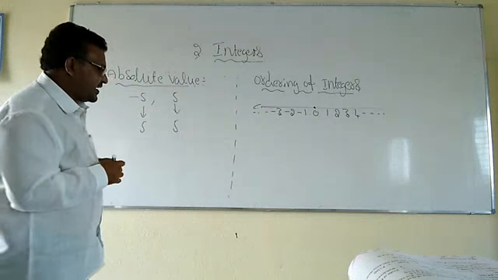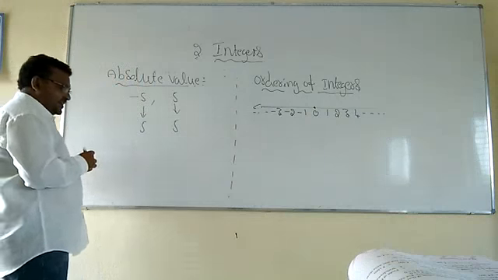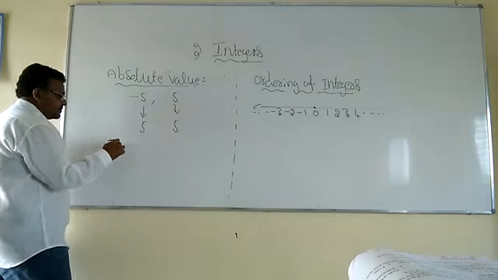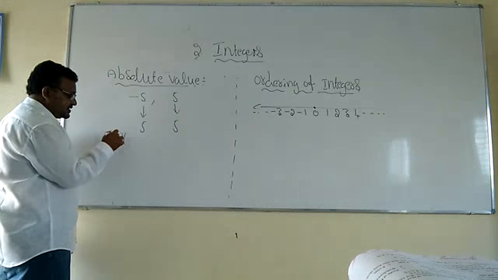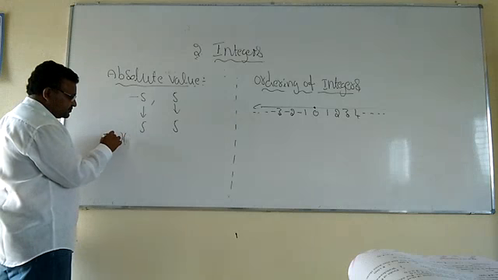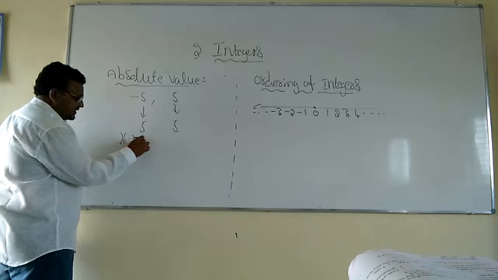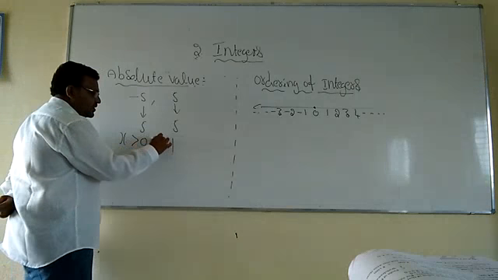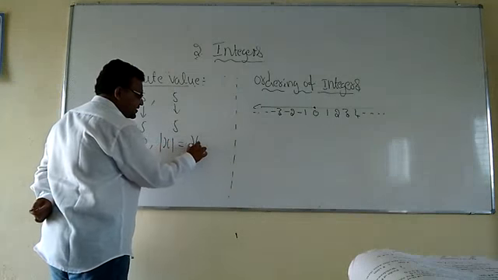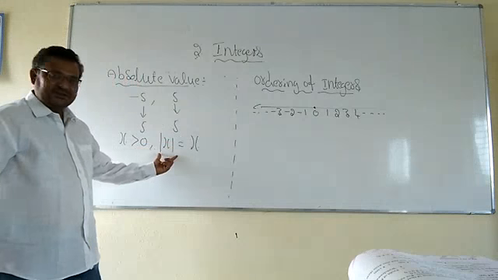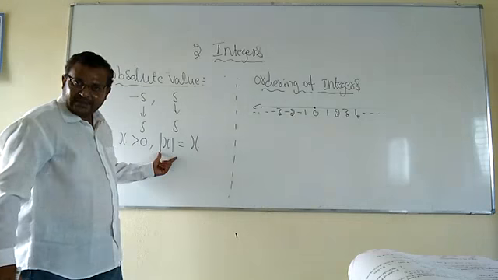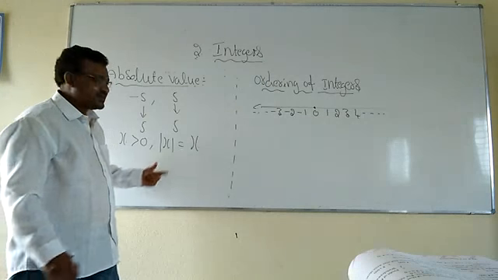And generalized, if x is an integer, then if x is greater than 0, then modulus of x is equal to x. So this is the absolute value representation symbol. We have to read this one as modulus.